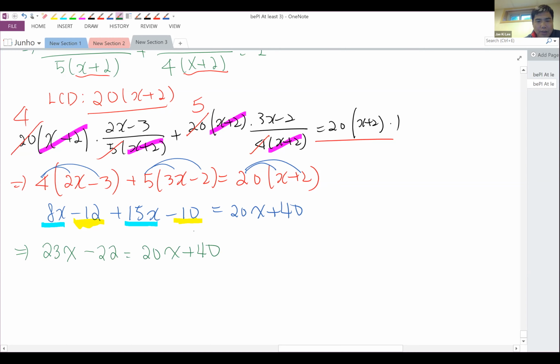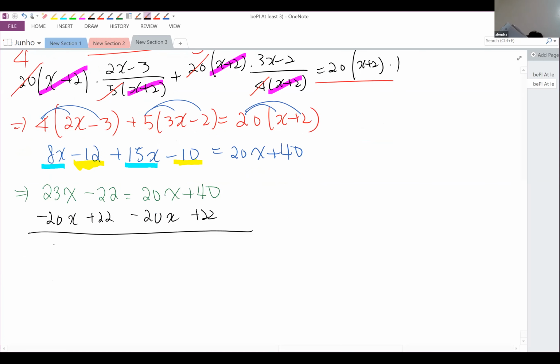Now I want to gather the x values to the left side, numbers to the right side, minus 20x. Then 3x equal to 62. Make sense? Let me double check whether I made any mistake. Did you get 3x equals 62 as well?